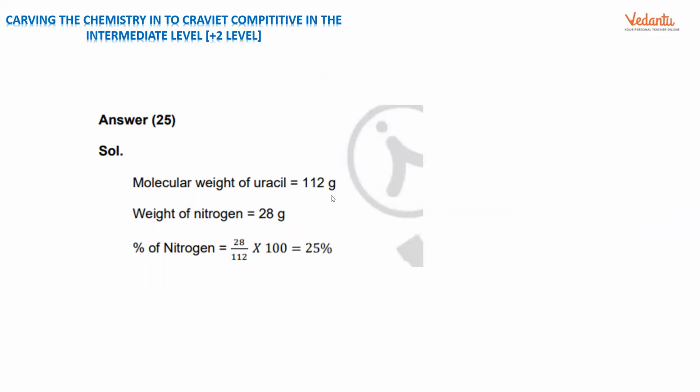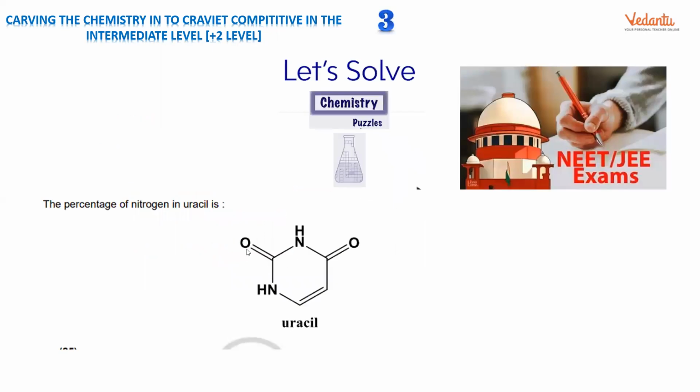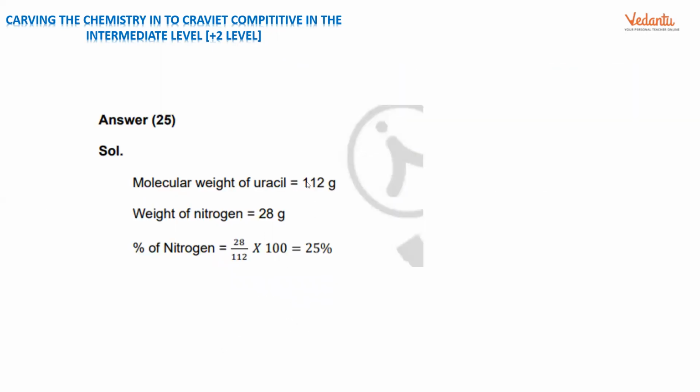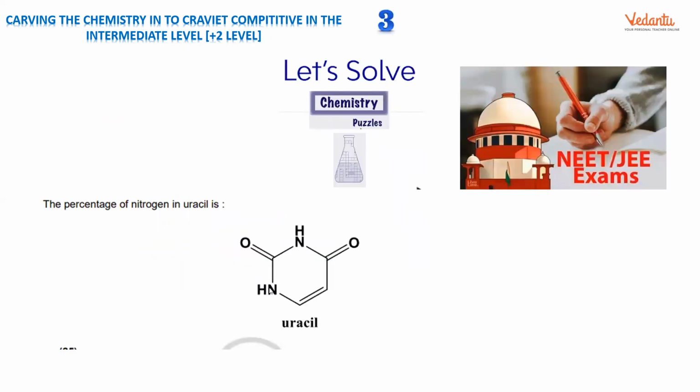The overall molecular weight of uracil, the sum of all the atomic weights, is 112 grams. So 28 by 112 multiplied by 100 gives 25 percent. The nitrogen percentage in this molecule of uracil is 25 percent.